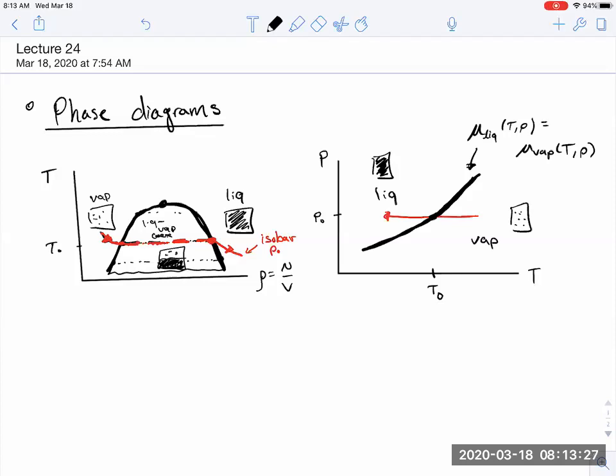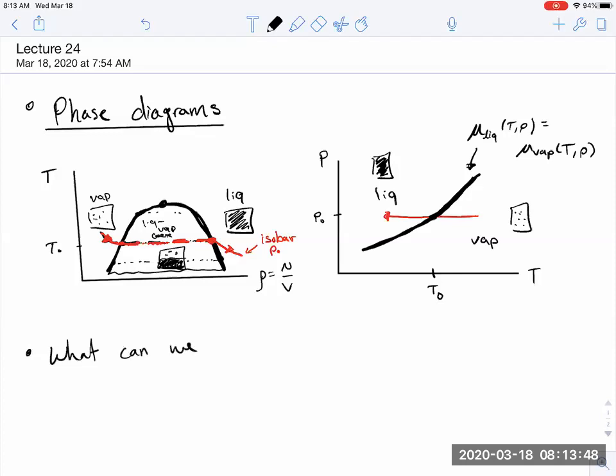Okay, so let's start employing thermodynamics to try to understand what we can say in general about the shape of those coexistence curves. This will rehash a calculation we did on Monday. So let's start with asking this question.